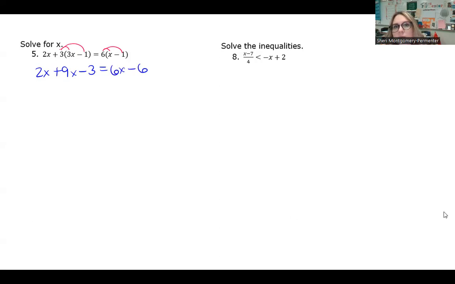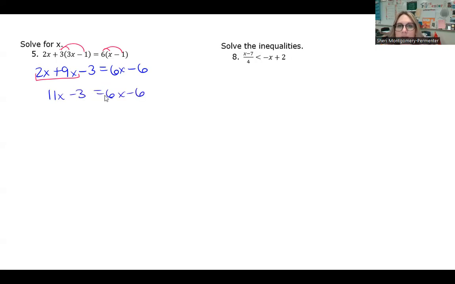At this point, we need to see if we can combine like terms. I have 2 x's on this side, and so I need to put those together first. 9, 10, 11, so I get 11x minus 3 is equal to 6x minus 6.